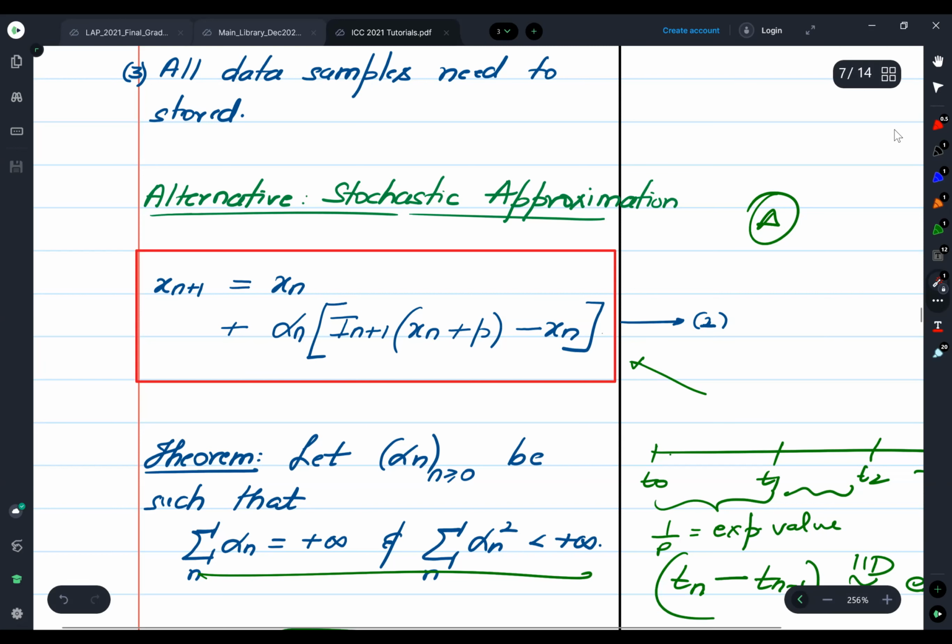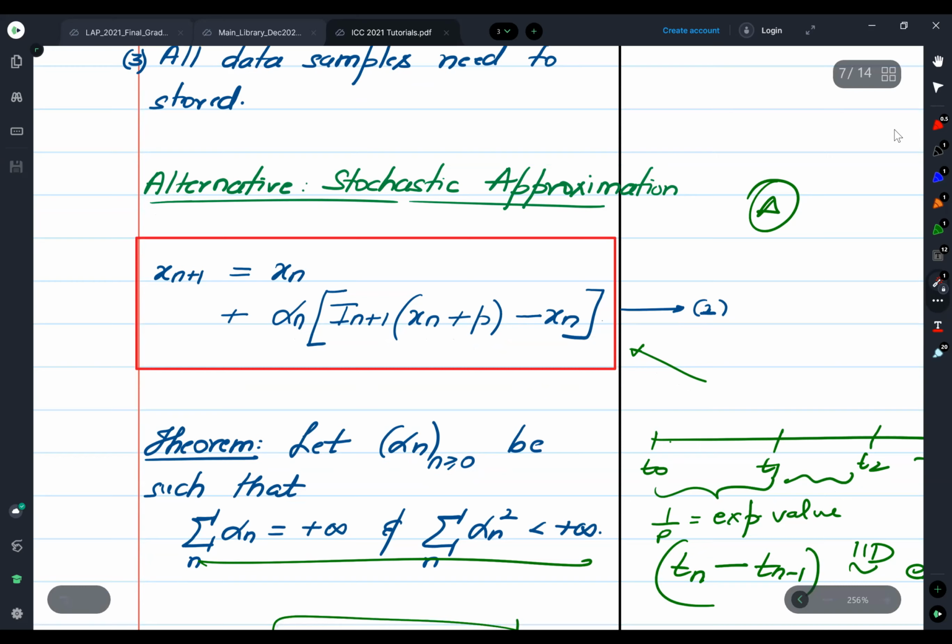Whatever time you require to do this multiplication and this addition, that's the same amount of time you will require in each iteration. So the time required across iterations doesn't change. That's the main benefit of using stochastic approximation. Stochastic approximation provides you with some very cheap iterative algorithms.